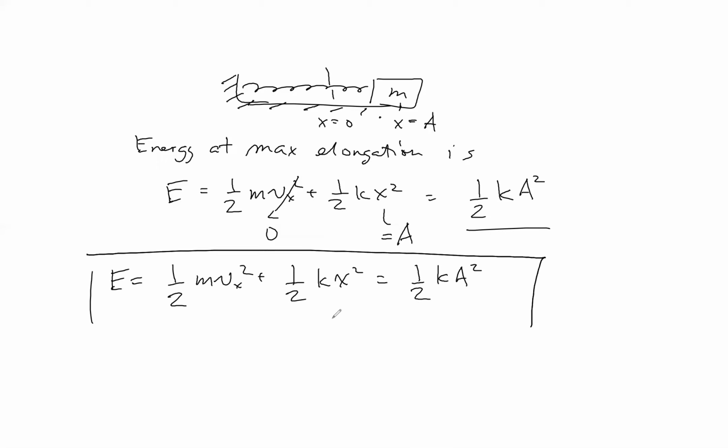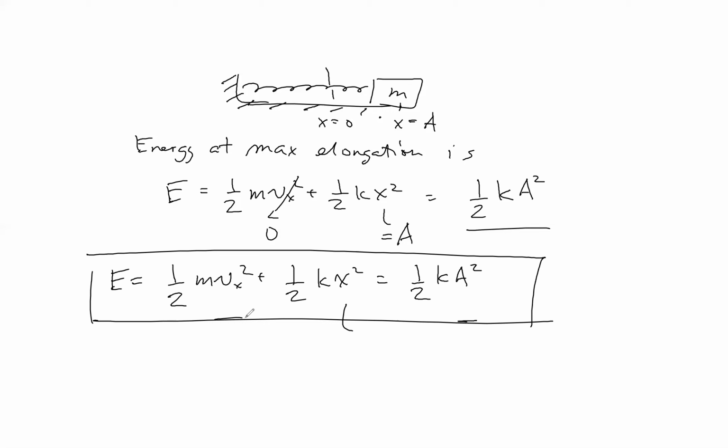So if I knew the mass and the spring constant, and I look at that maximum elongation A, this equation has two variables, v sub x and x, so that at any other x value, like x equals 0 or x equals half of that maximum amplitude, I can plug that value in there and solve for the velocity.